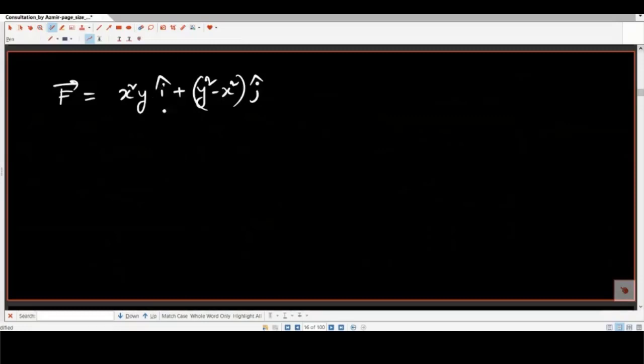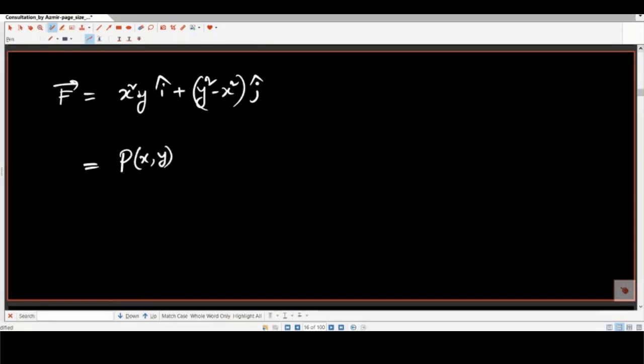We can think about a function of two variables. Let's say we have a vector f equals x squared y i plus y squared minus x squared j. So we have i and j. That means this function is a two-dimensional vector. So here x squared y we can write as p of x comma y.